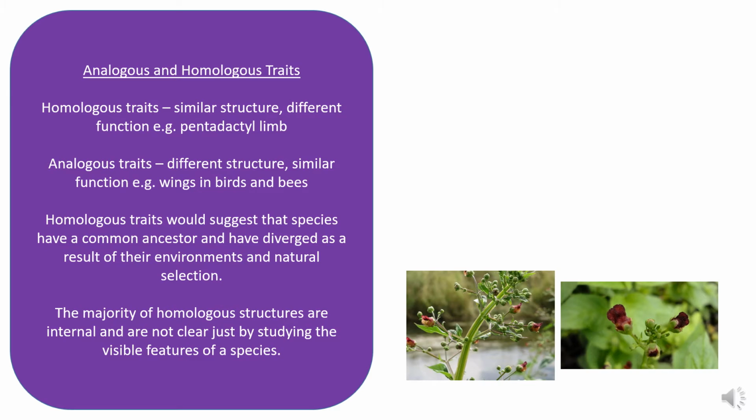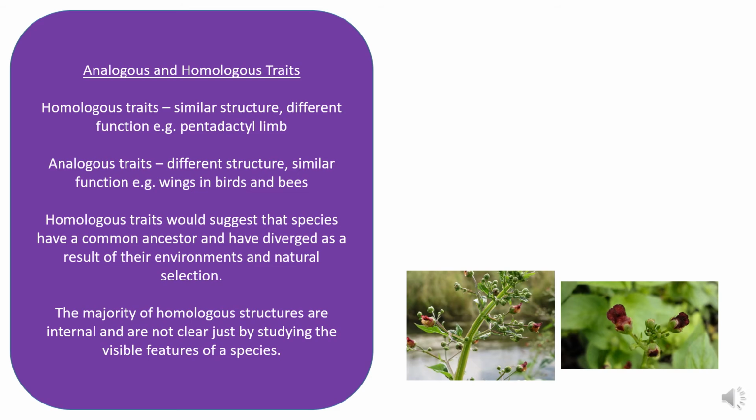So you must be able to distinguish between the homologous and analogous traits, and then you need to be able to discuss the fact that homologous traits suggest that species have a common ancestor, because if they have traits with a similar structure, it must mean that at one point those traits were used for the same thing, and then the species diverged in the different environments, and evolution and natural selection caused the trait to be used in a different way.